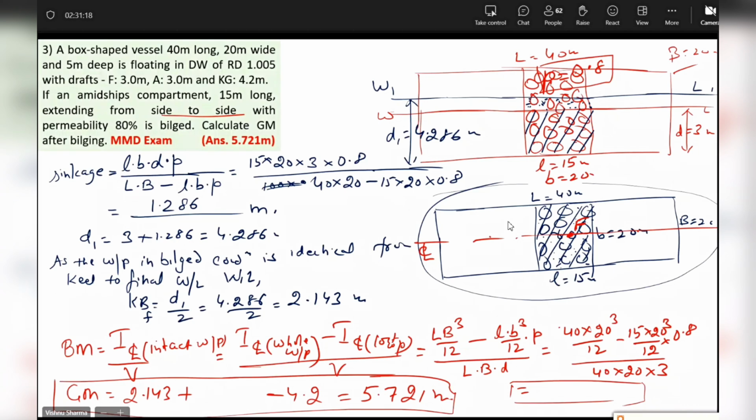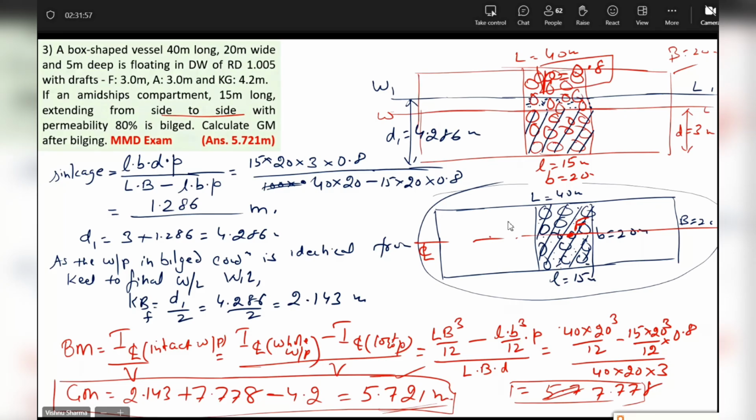How much is the BM coming, beta? 5.721, yes. 7.721 is the GM. That is the answer, right? Yes, sir. What is the BM coming? BM is 7.778. 778, okay. So plus 7.778 here. And that gives you 5.721. Right. Okay.